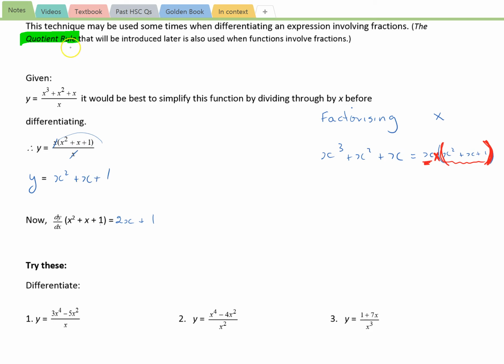And even when you do know the quotient rule, I'll be disappointed to see that you would jump in to something like this and attempt to use the quotient rule, because you're making the question more complicated. You're soaking up time. You're introducing opportunities to make silly mistakes with the quotient rule, especially considering this can be made so easy.